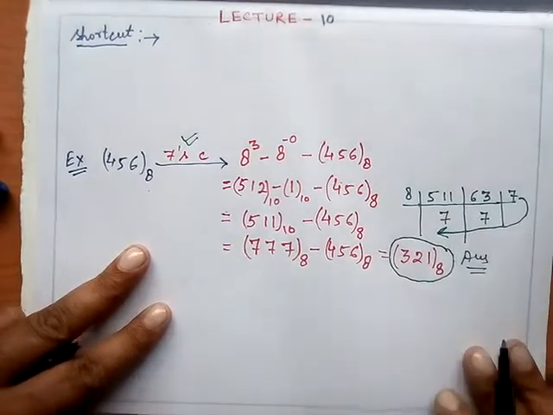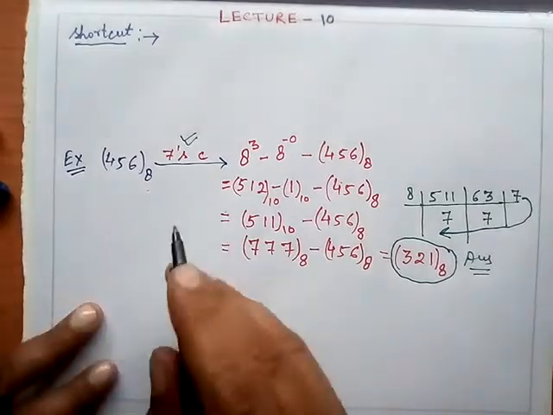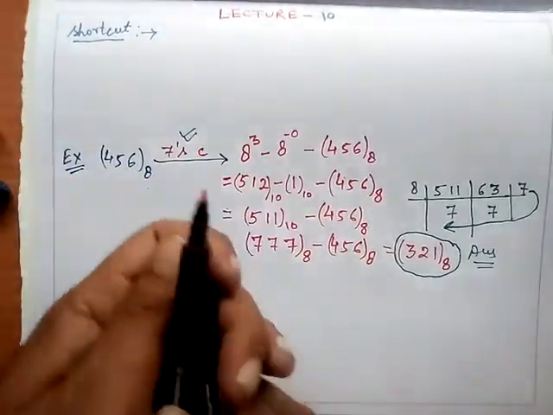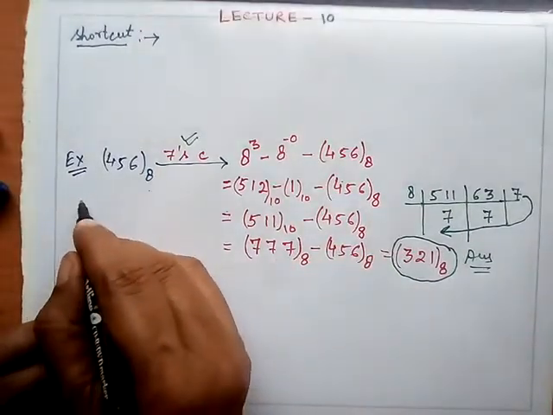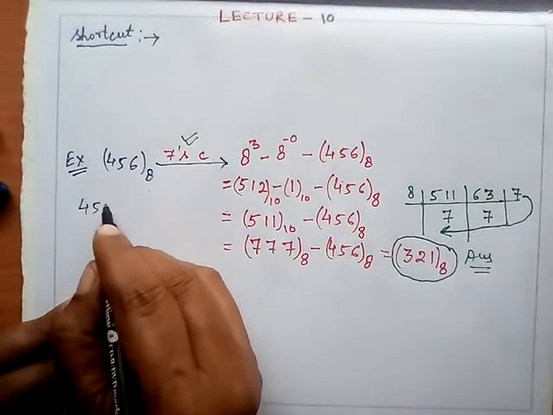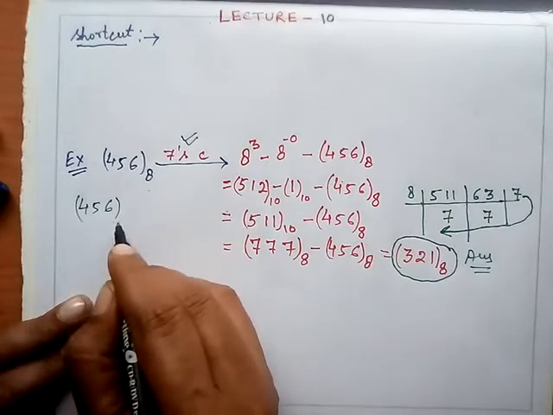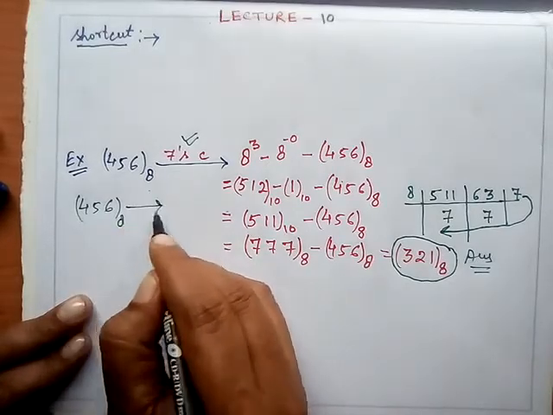At this stage, suppose I ask what is the 8's complement. You can find the 8's complement also in the same example. In the same example, suppose I say the number is 456 in base 8. What is its 8's complement?